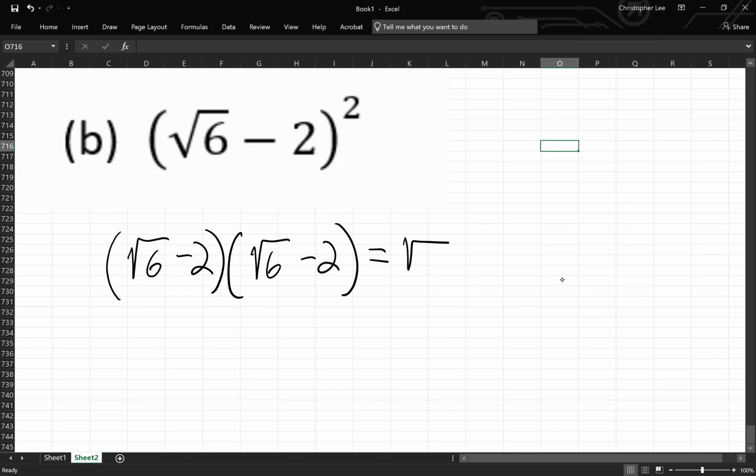Okay, I'll take it. Square root 36. What else? Very good. What else? Last. Not 6.